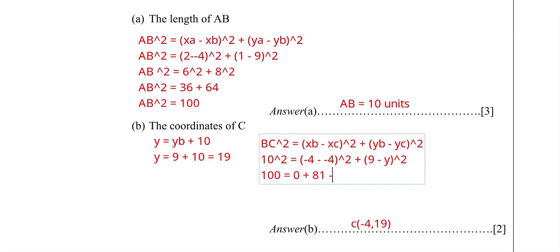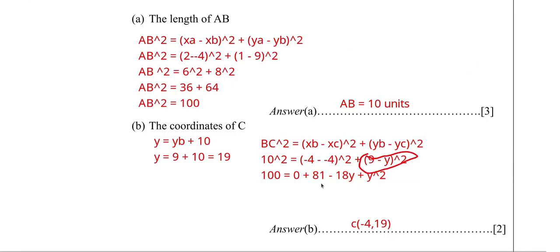That's 81 minus 18y plus y squared, if you expand this part here, which is a binomial to the power 2.